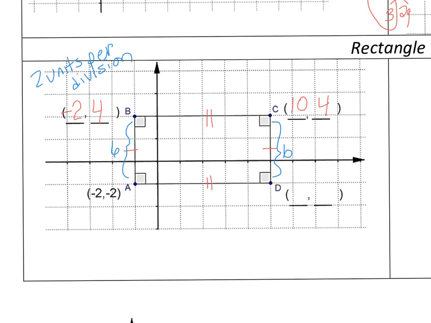And then travel down to vertex D. Again, nothing's changed from an x perspective, so that will also be 10, and that will be located at negative 2 from a y perspective. And if we look at the remaining 2 sides here, we can count the boxes. We've got 2, 4, 6, 8, 10, 12.